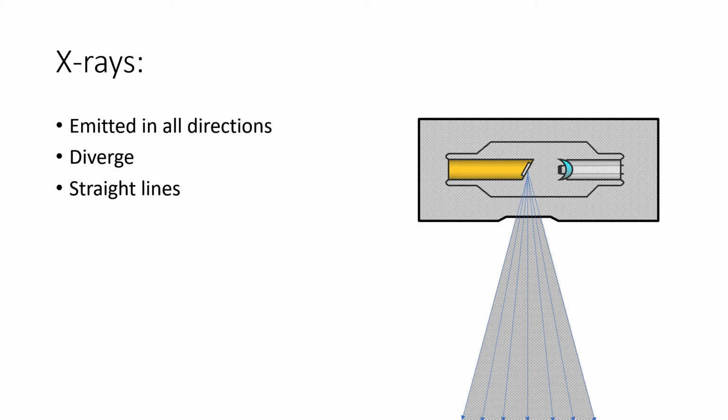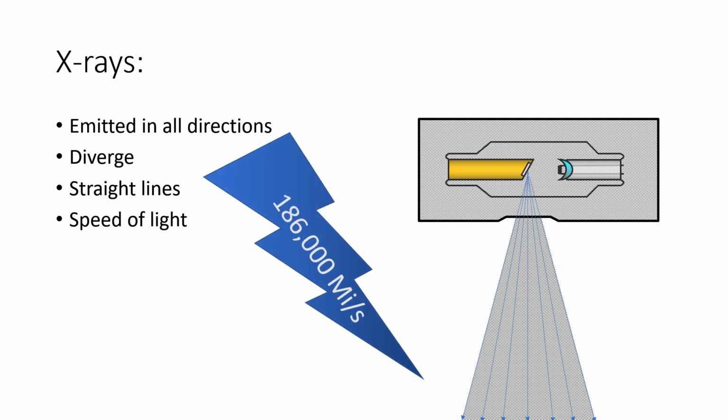It is the combination of their divergent nature and traveling in straight lines that accounts for image magnification and the inverse square law, both of which are still present in digital radiographs. Finally, X-rays travel at the speed of light, 186,000 miles per second, which explains why the run and dodge form of radiation protection is not recommended.